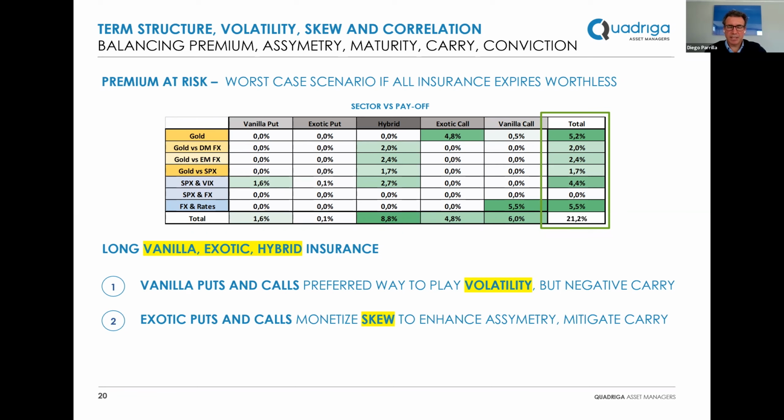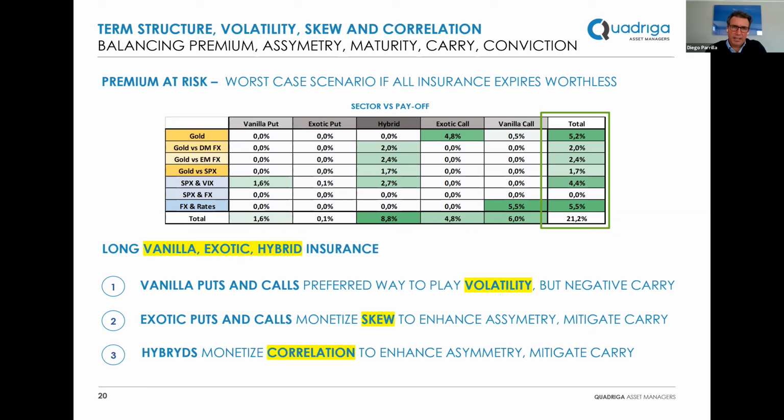So we'll try to take advantage of the skew, whether in simple ways, such as doing call spreads or put spreads, or perhaps entering into more exotic payoffs that do things like barriers, European or American or whatever, which offer very interesting profiles. And also, as the icing on the cake, a meaningful part, because it could be extremely symmetric, and a massive way to cheapen structures is to use correlation.